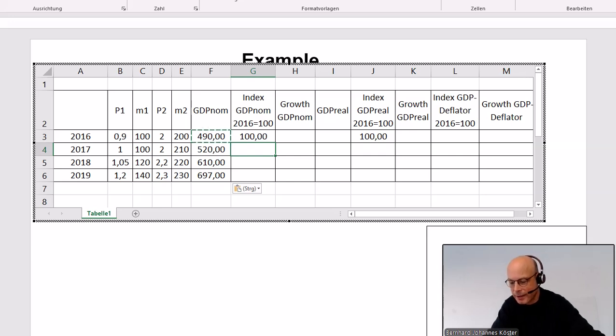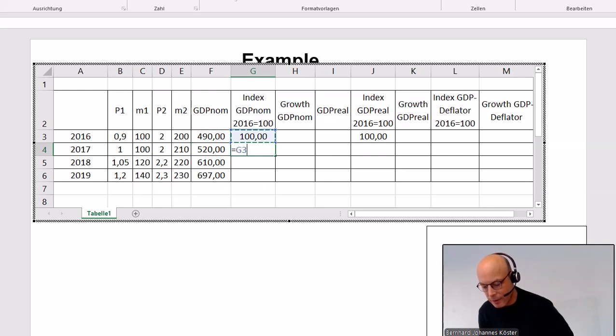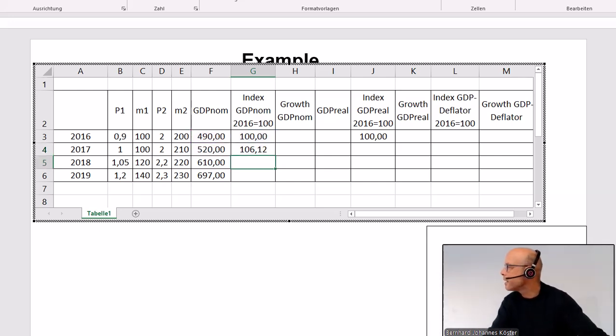Great. So your colleague said just the starting point, 100 times 520 divided by 490. So this 100 times 520 divided by 490, and we get 106.12.